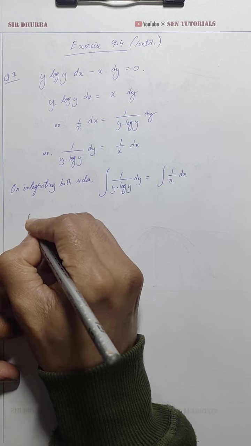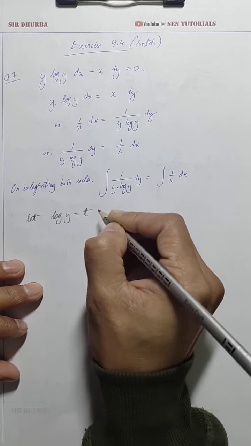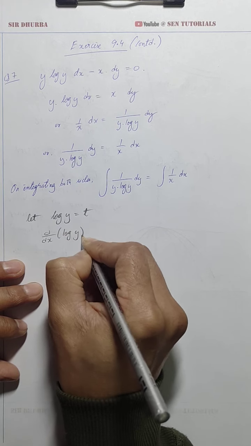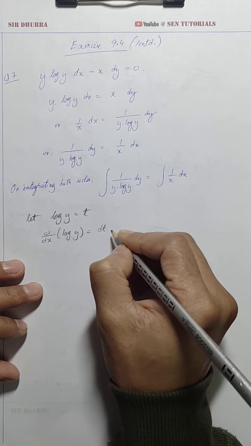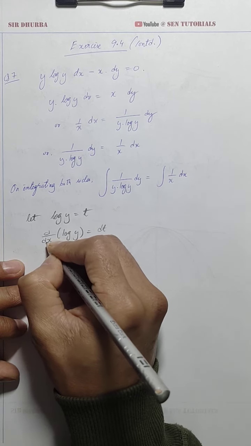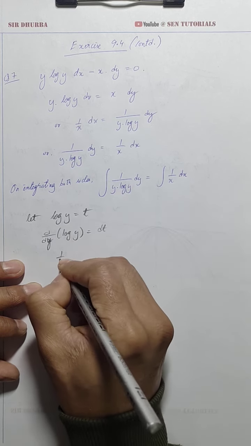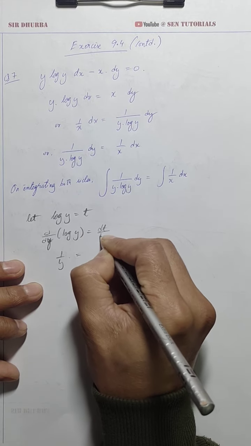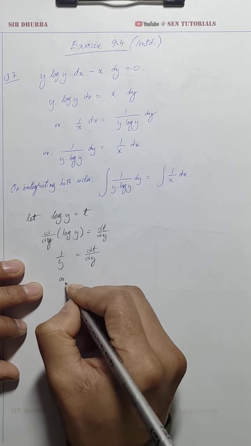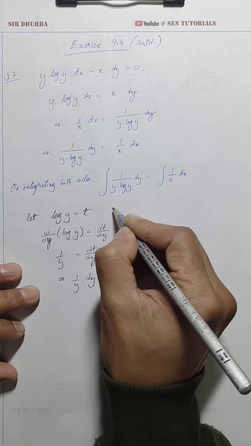That is, if we take log y as t, then differentiating both sides with respect to y, that will be 1 by y dt upon dy, or 1 by y dy is equal to dt.